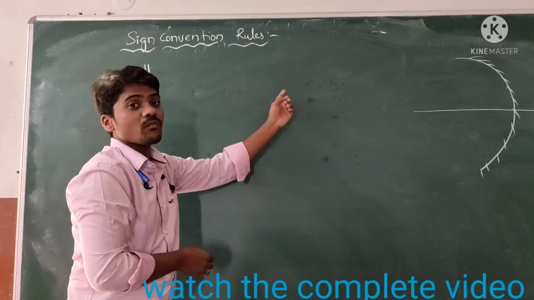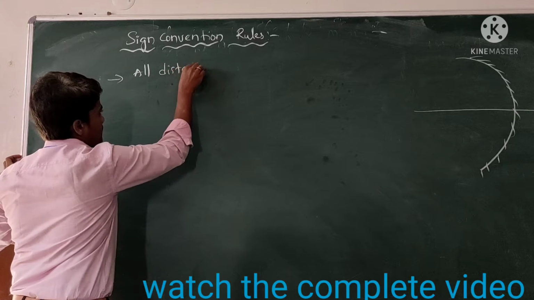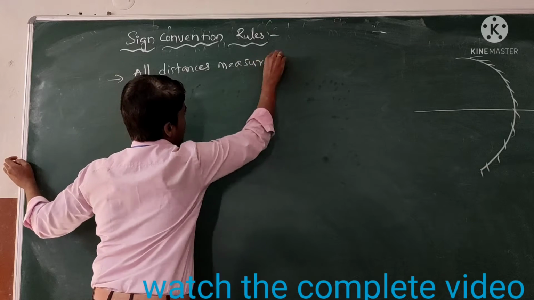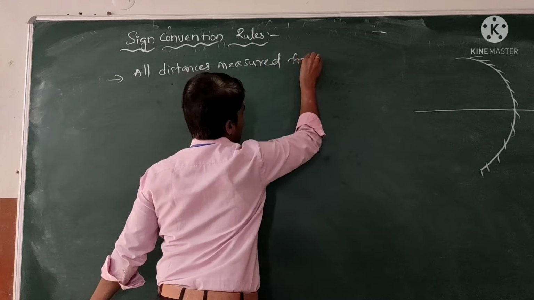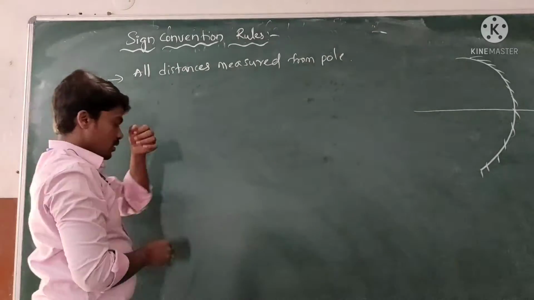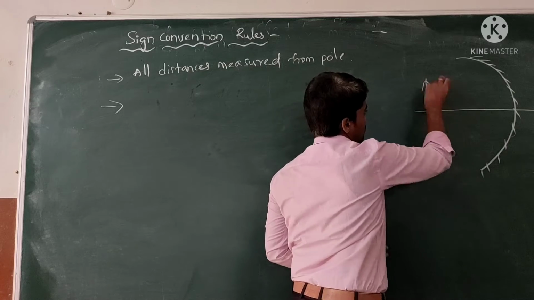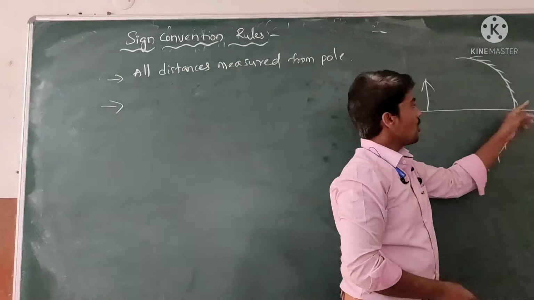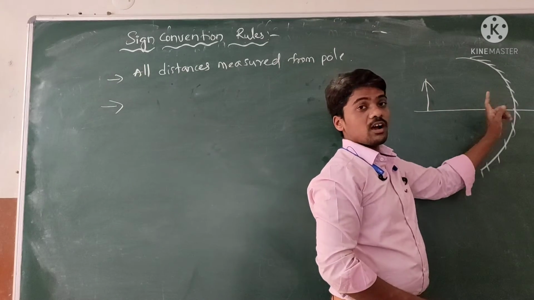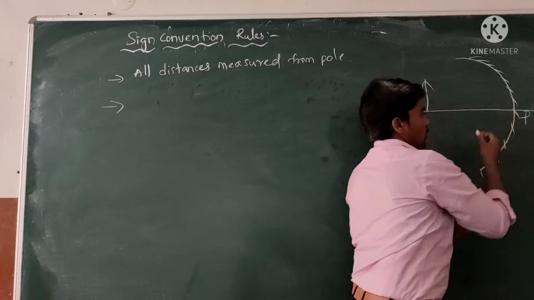All distances are measured from the pole. Here is the object position, and here is the pole P. Either object distance, image distance, or focal length, all are measured from the pole.